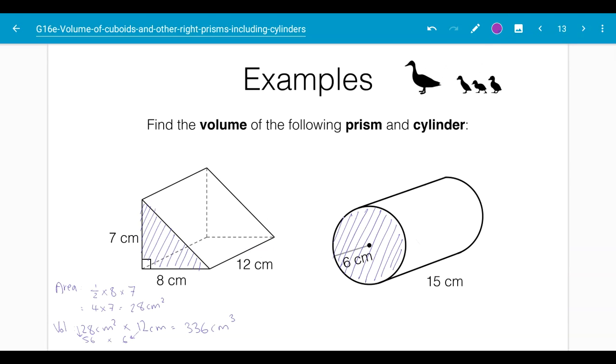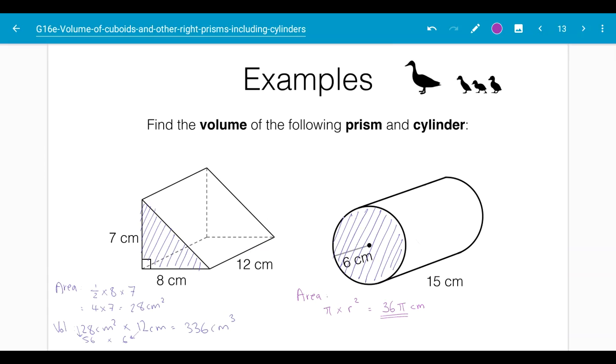The one on the right then, I need to know the area of the circle. Now, the formula for the area of a circle is pi times the radius squared. In this case, it is 36 pi. Now, pi is 3.14... The more exact answer for the area is this. I know it looks like it's not exact, but that's the most exact we can write this.